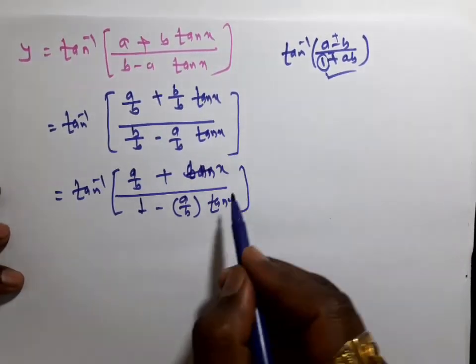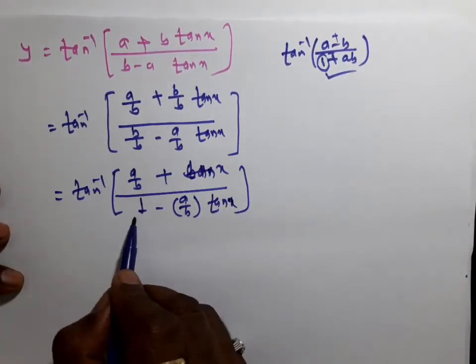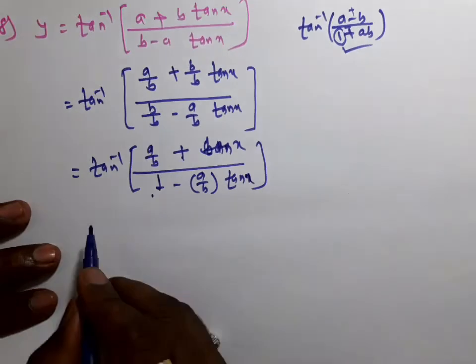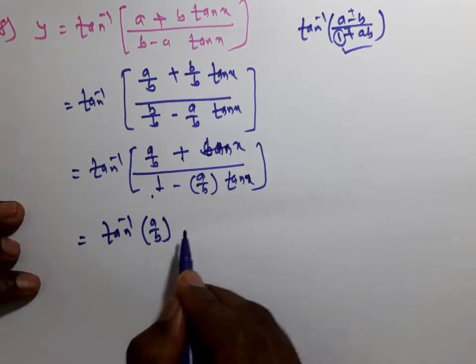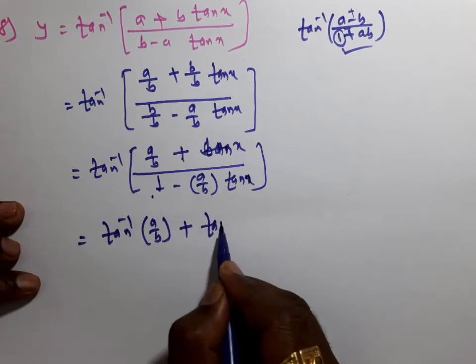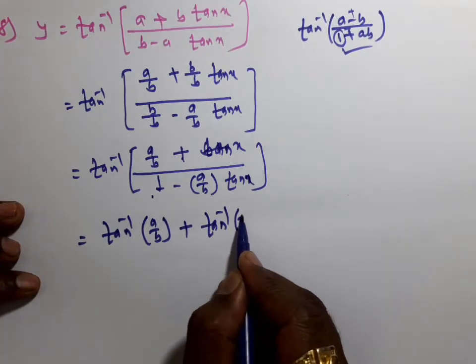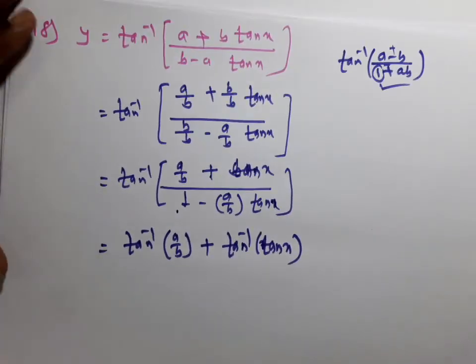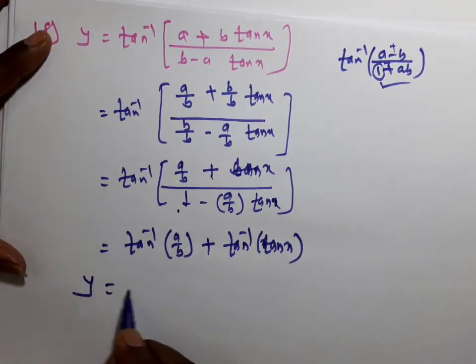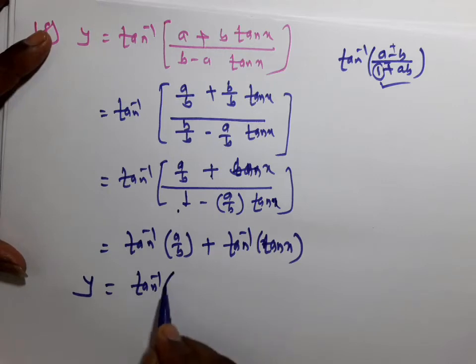So in this formula we got it. 1 is necessary. Now it is a plus sign. So by using this formula it will be tan inverse a upon b plus tan inverse of tan x. And according to the formula, the simplification is tan inverse a upon b plus x.